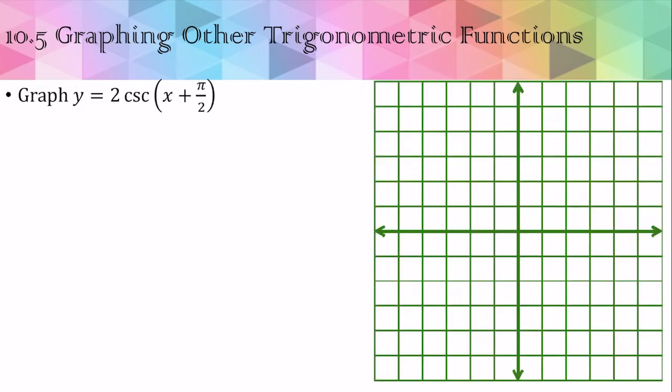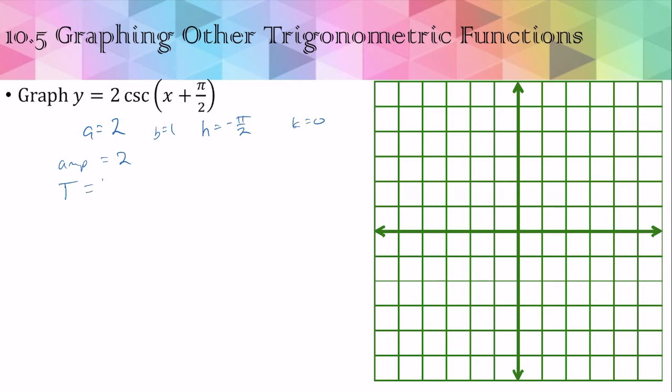All right, let's graph 2 times cosecant of x plus pi over 2. All right, so we know that a is 2, b is 1, h is negative pi over 2, and k is 0. So we know our amplitude is 2.